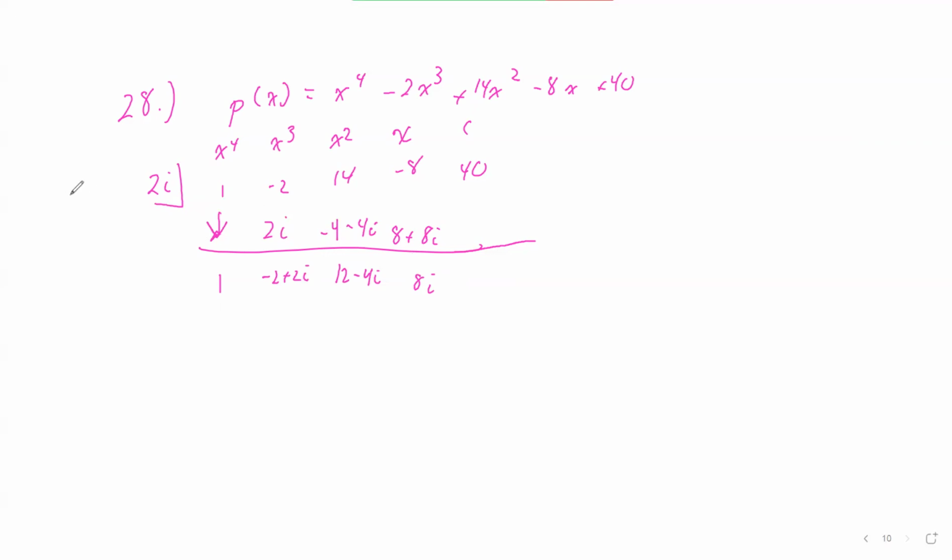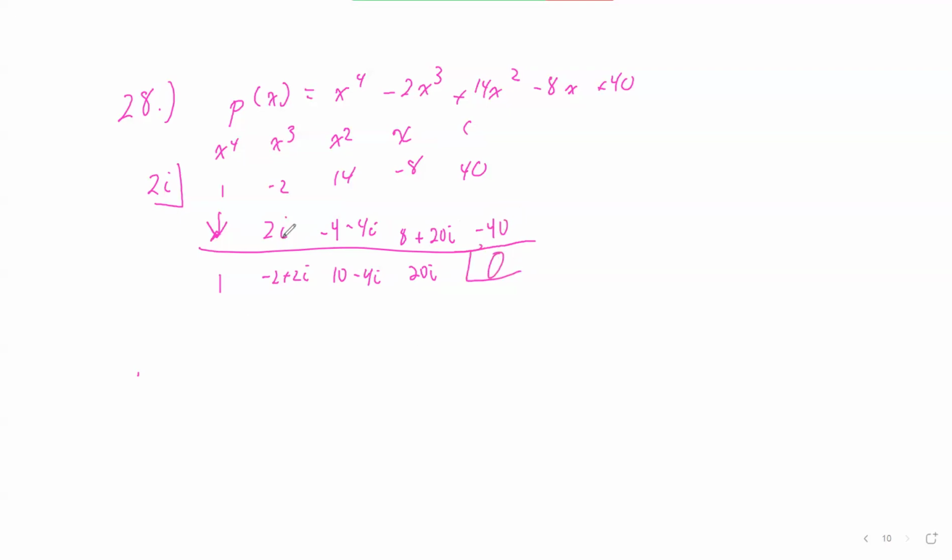Negative 4, which will then give you 10. And then from there, we just multiply correctly. So that'd be 2i times 10 is 20i. And then that would be negative 8i squared, which is just positive 8. That cancels 20i. That would then give me 40i squared, which is just negative 40, which would be 0.